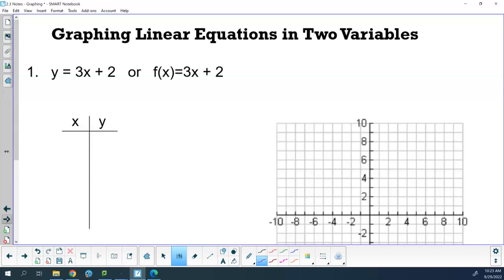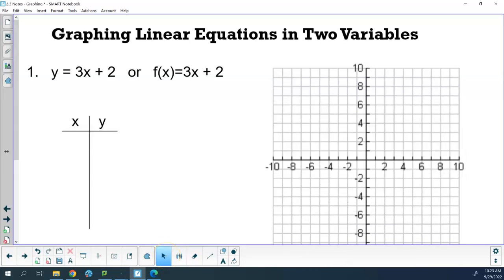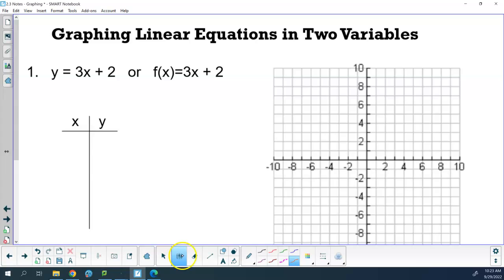So if we do this y equals mx plus b, then that is saying that this value right here is my b. Agree with that? So that would be a y-intercept of positive 2.